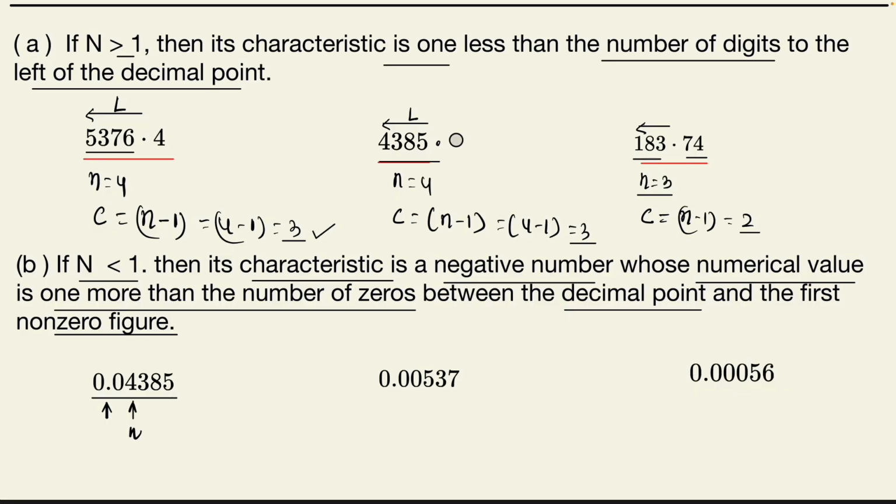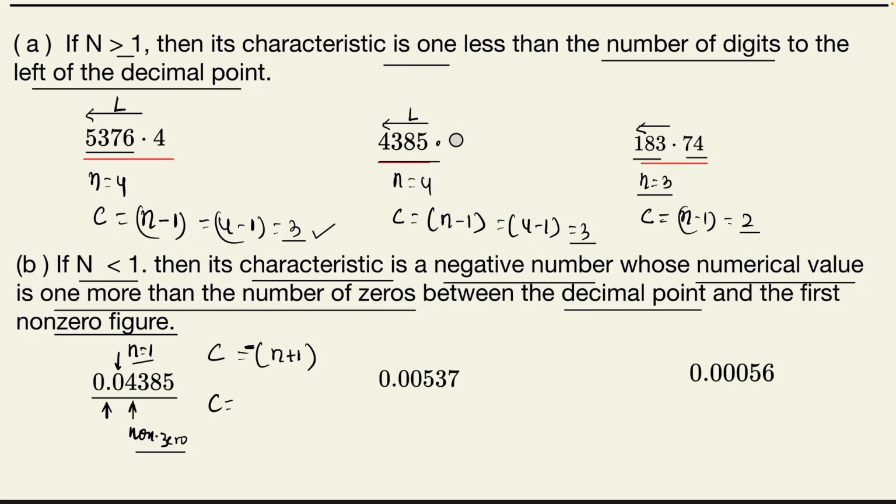Here 4 is the non-zero number. So after how many zeros does this non-zero number come? After 1. So we assume n is equal to 1 here. To find the characteristic for this example, the formula is n plus 1. And this is always negative, so we have to place the minus sign outside.